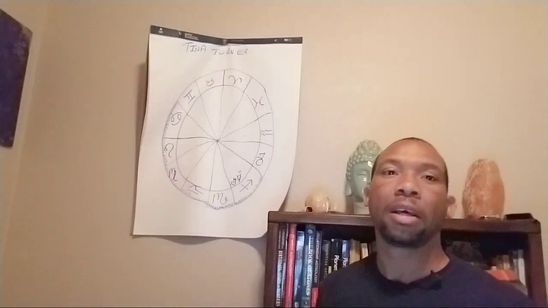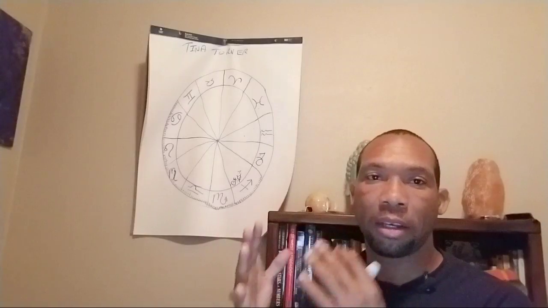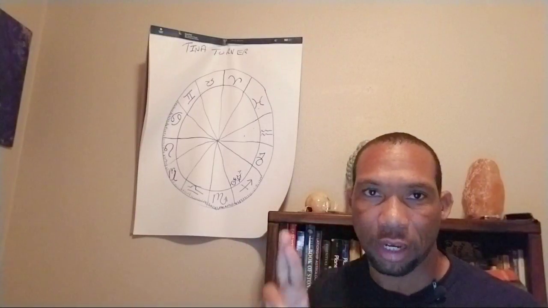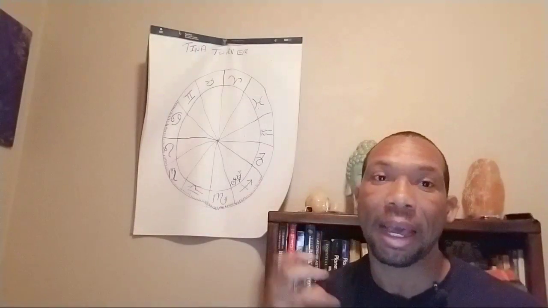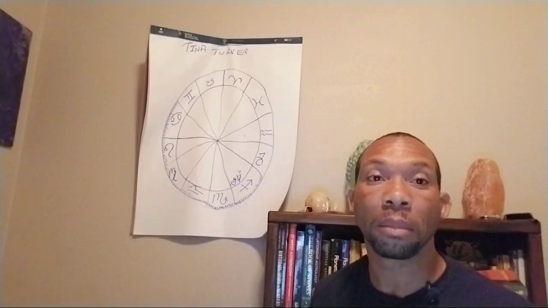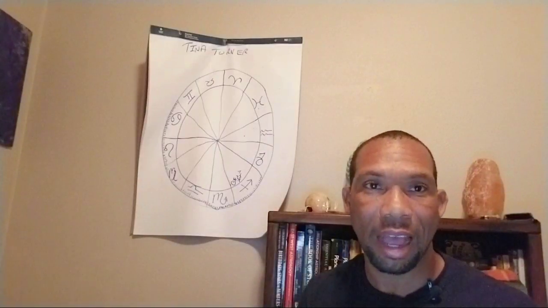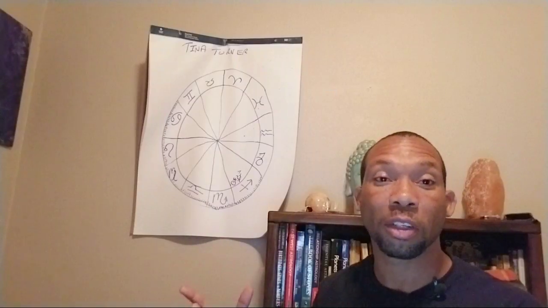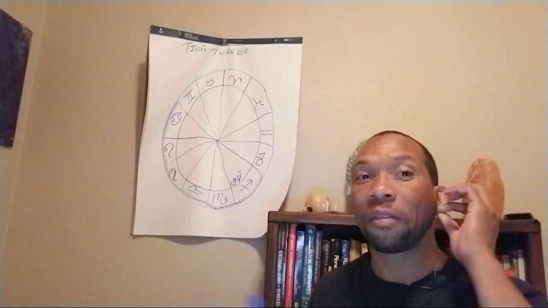We all know that in between that 0 to 10 degrees orb space, those planets are conjunct each other, which means that they blend as one. So this means that Tina Turner voices how she feels based upon what's going on. So she has a vibrancy with her voice.